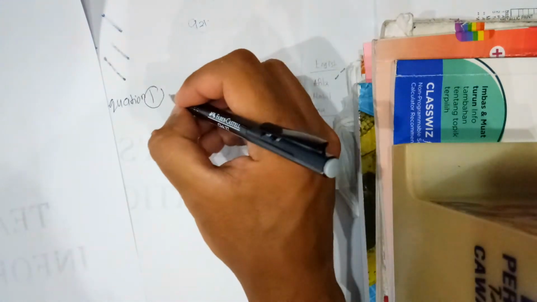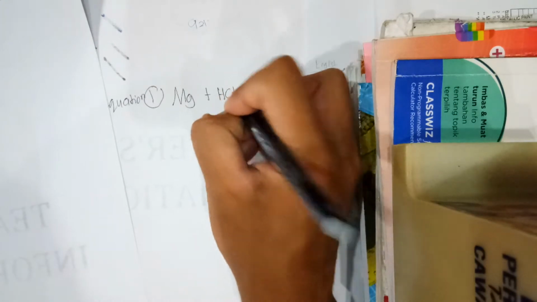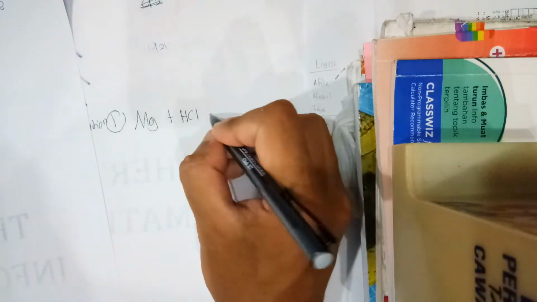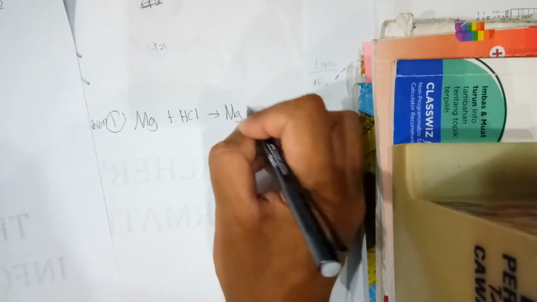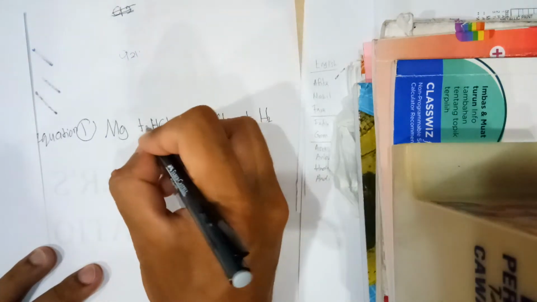So you write down your equation, magnesium plus HCl, you will produce magnesium chloride, MgCl2, and hydrogen gas. It was stated in the question. So now what you need to do is to balance the equation. When you balance, you will put 2 here. I hope you know how to balance the equations already.